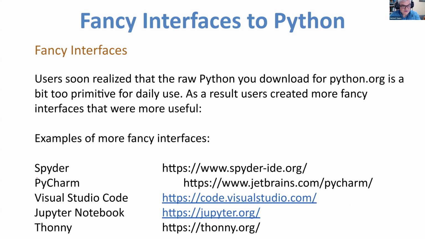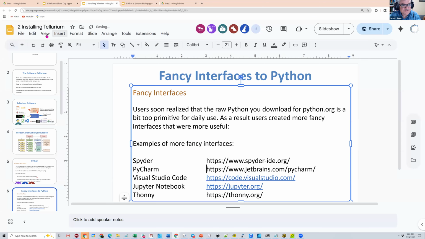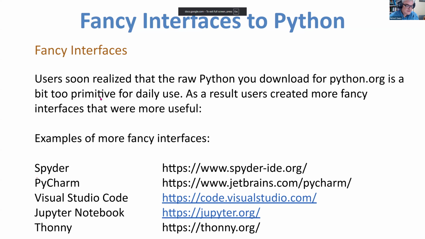Okay, so I mentioned fancy interfaces. These are a bit more than the raw interface, because if you start using the raw Python, you'll realize, oh, this is a bit 90s. So you need something a little bit more fancy, and there are a whole bunch of fancy interfaces you can get. I happen to use something called Spyder. This is geared towards scientific computing.